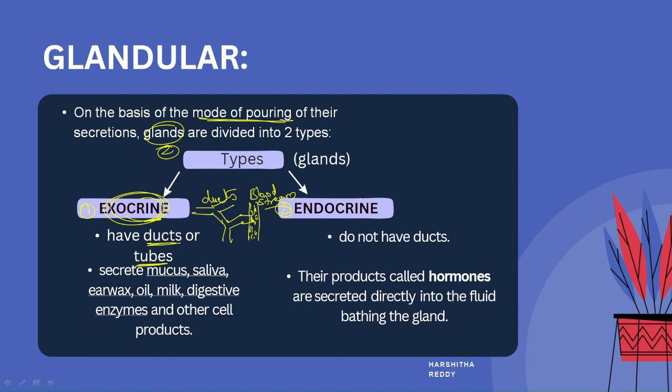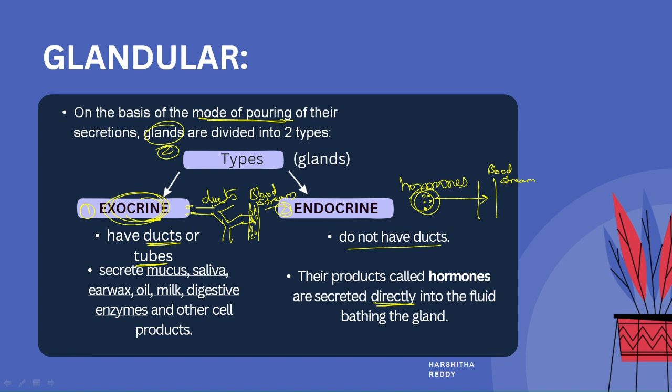If you take the endocrine glands, the particular product is released into the bloodstream without any ducts. As they do not have ducts, they are released directly into the bloodstream, and these products are called hormones.